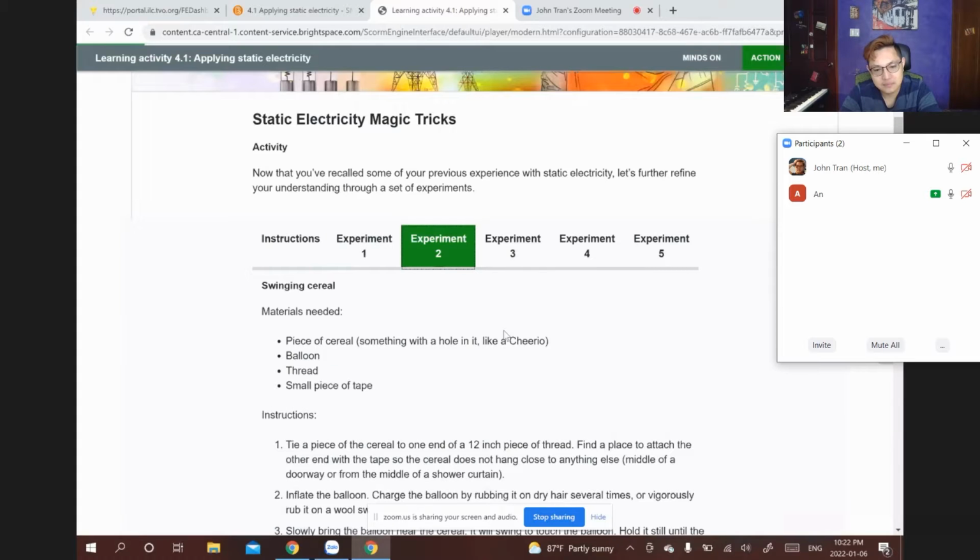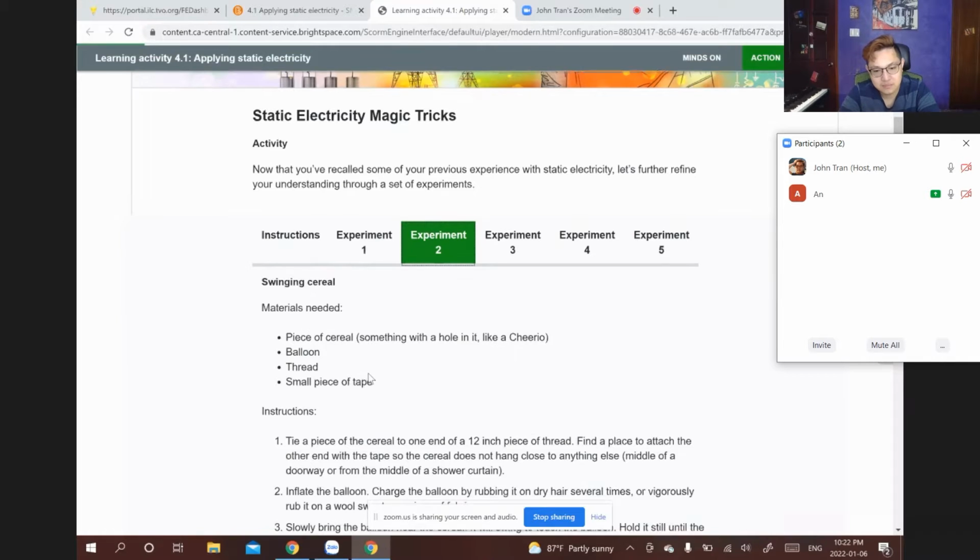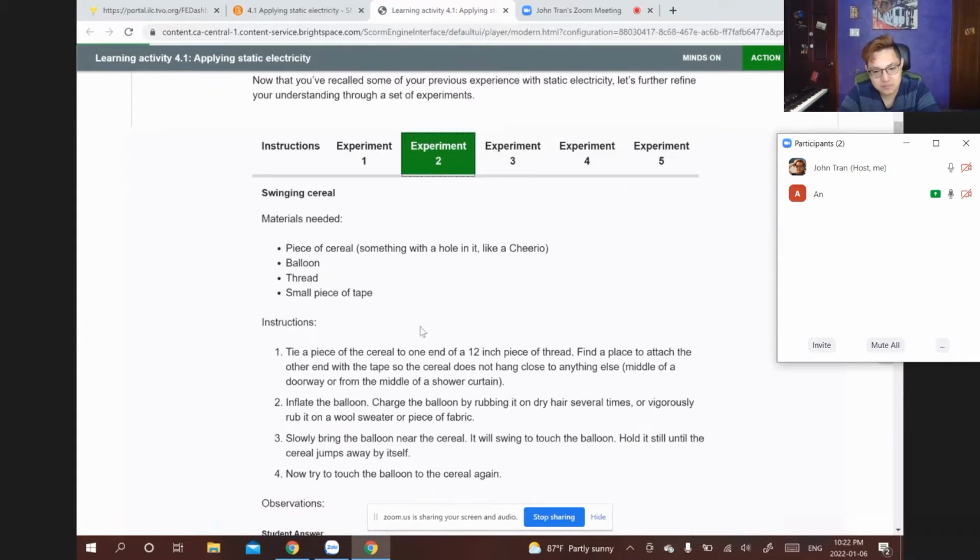Experiment 2. Swinging cereal. Material needed: a piece of cereal with a hole in it like a Cheerio, balloon, thread, small piece of tape. Instruction: tie a piece of cereal to one end of a 12 inch piece of thread.